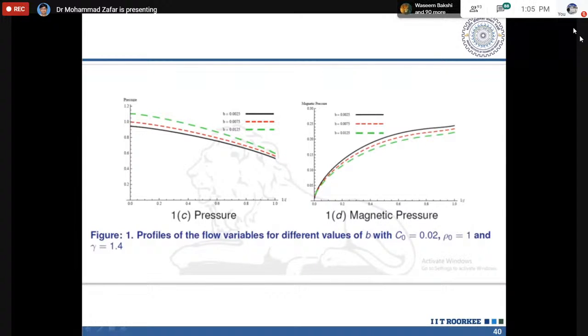But magnetic pressure is decreasing from right to left, where J is from 1 to infinity. Also, when B is increasing, pressure is decreasing, and magnetic pressure is decreasing too. In this way, we see different profiles.